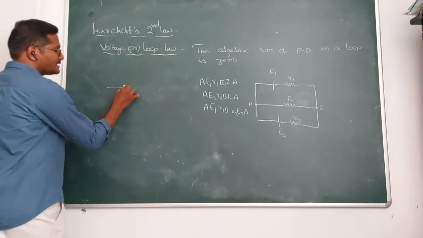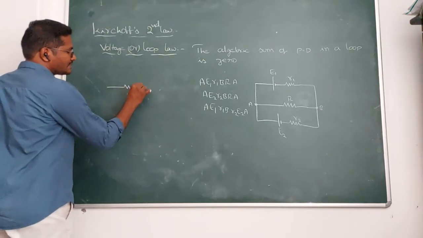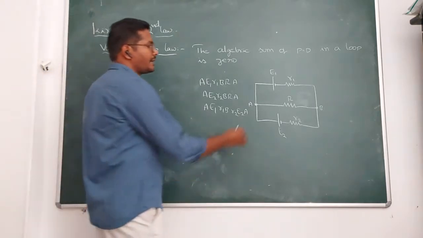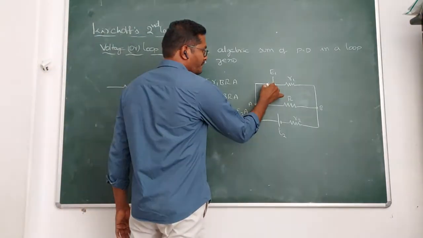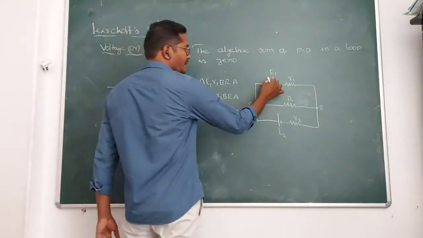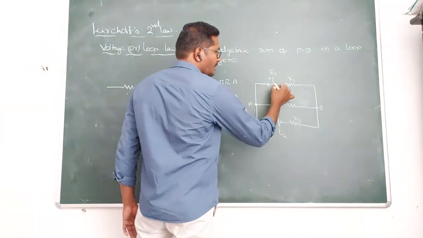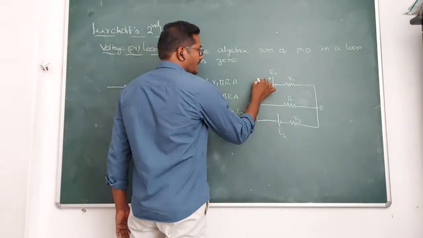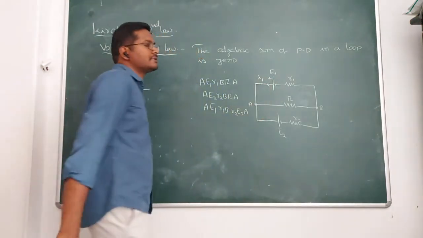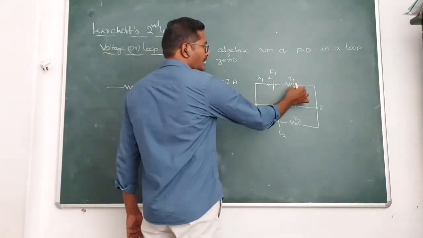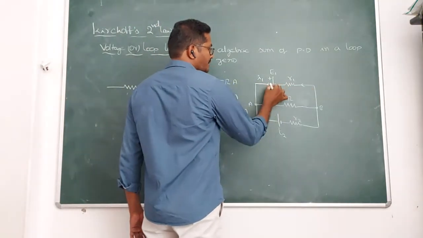So if this resistance is R1, suppose the current here, current always moves from positively higher potential to positively lower potential. So here the current I am calculating as I1. That means the current here in R1 is moving in this direction.